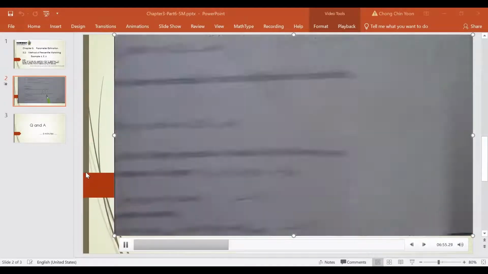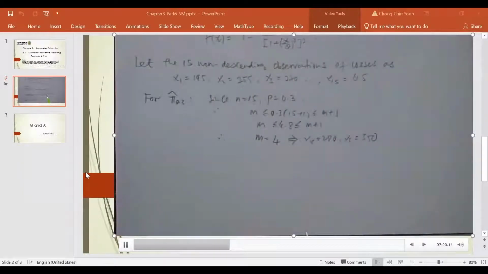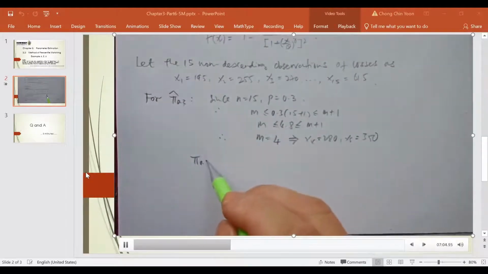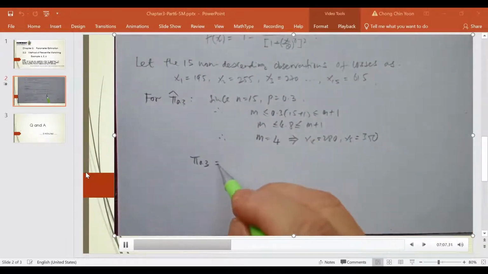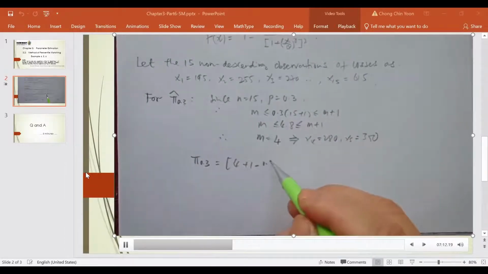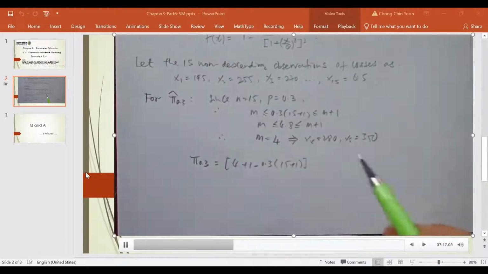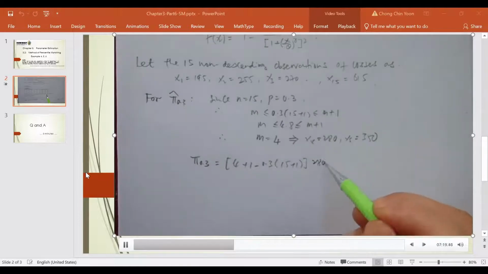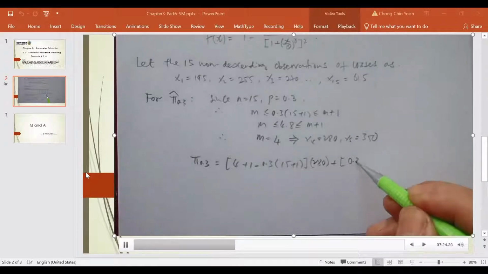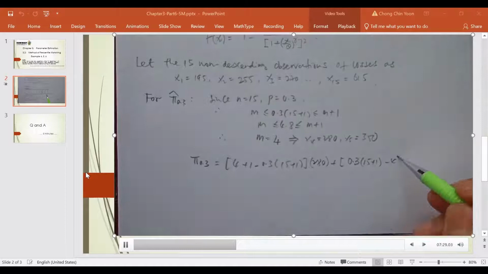And next, by using this formula, I will have the estimate of the 30th percentile, which is equal to 4 plus 1 minus 0.3 times n plus 1, and multiply x4, that is 280, plus the p value 0.3, multiply the n plus 1, and minus 4.